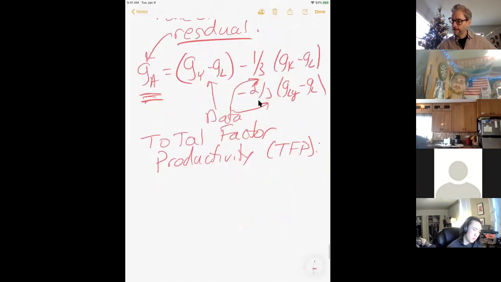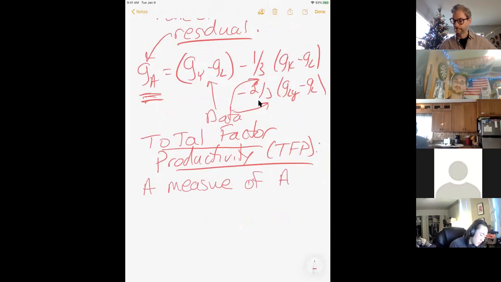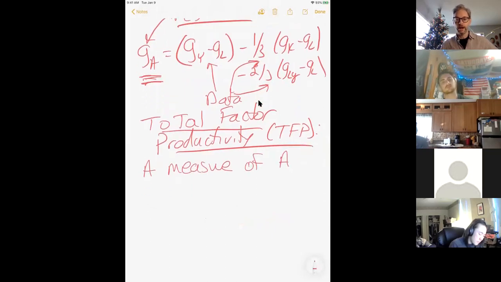Total factor productivity is a measure of A calculated as a residual, right?